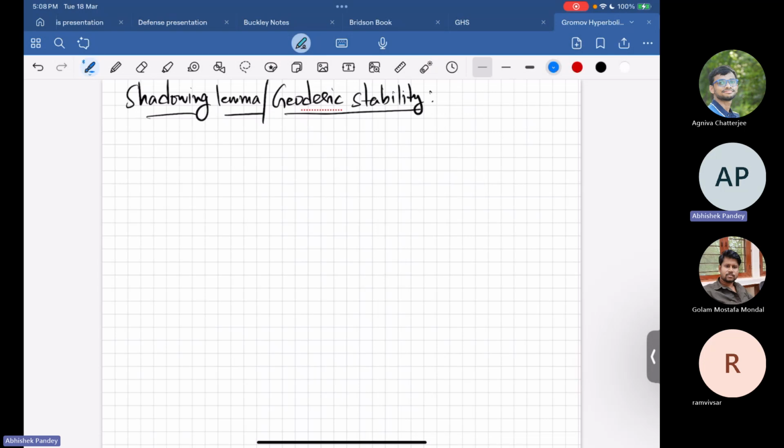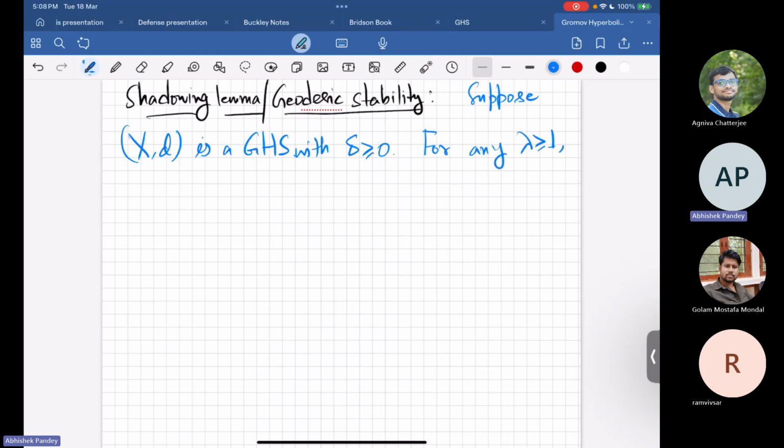It says that suppose (X, d) is a Gromov hyperbolic space with delta greater than or equal to 0. Then for any lambda greater than or equal to 1 and mu greater than or equal to 0, there exists a constant M which only depends upon delta, lambda, and mu, nothing else.